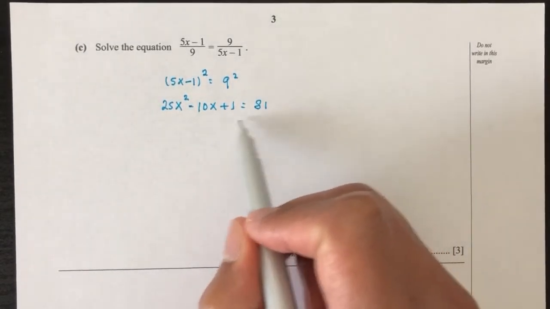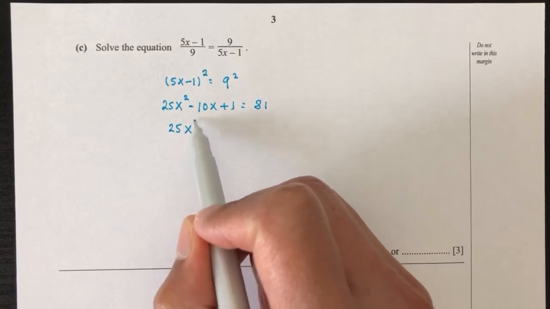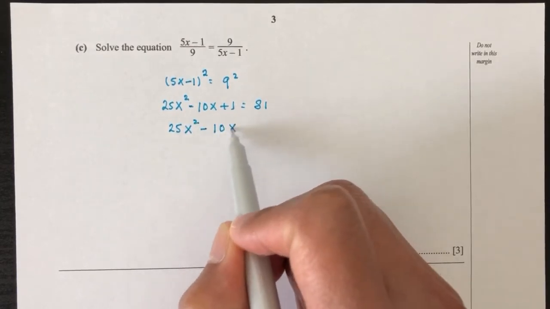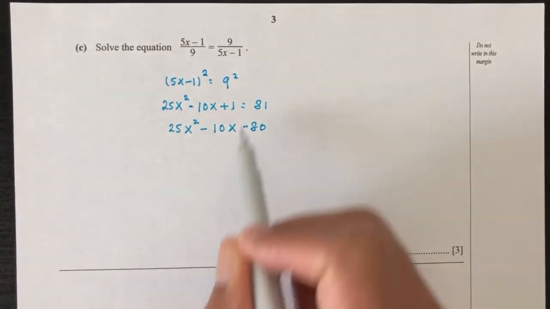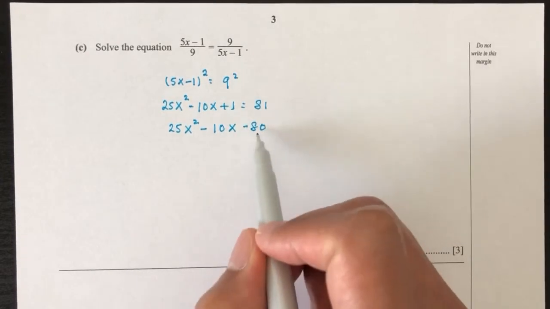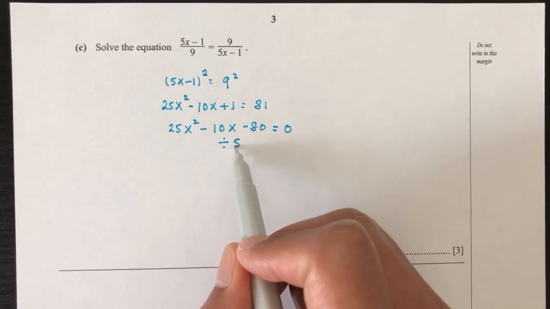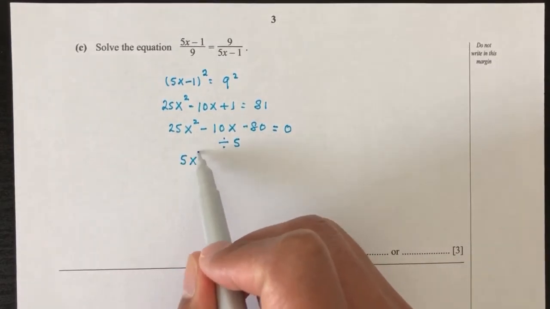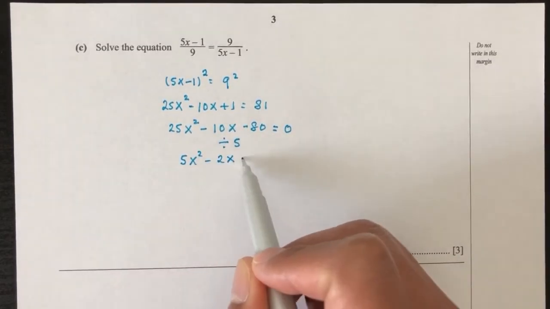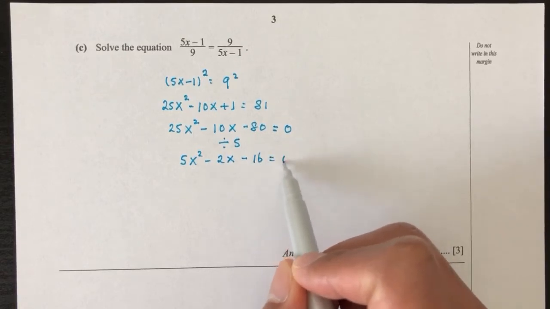So we bring this one over here. We will have 25x squared minus 10x minus 80, because plus 1 minus 81 equals minus 80, equal to 0. So now we can divide by 5 everywhere. We get 5x squared minus 2x minus 16.